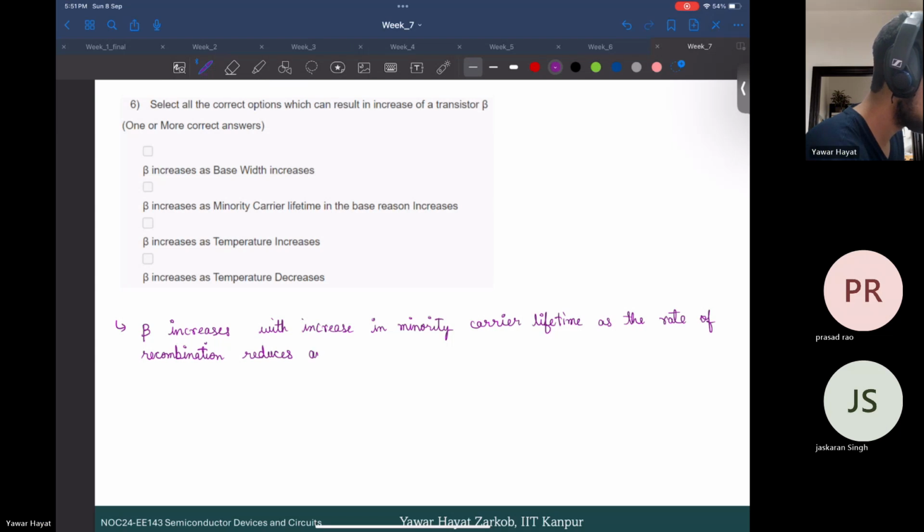And more of the injected carriers are able to cross the junction, right?